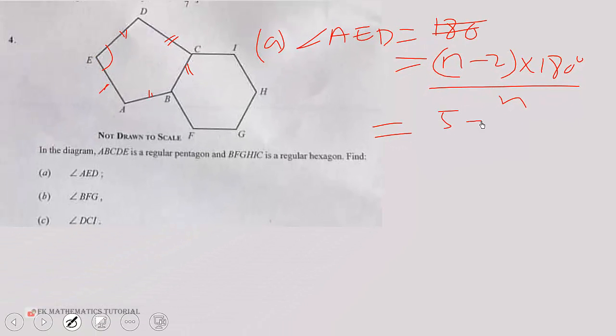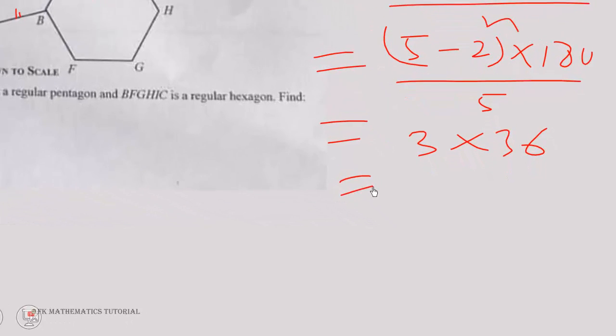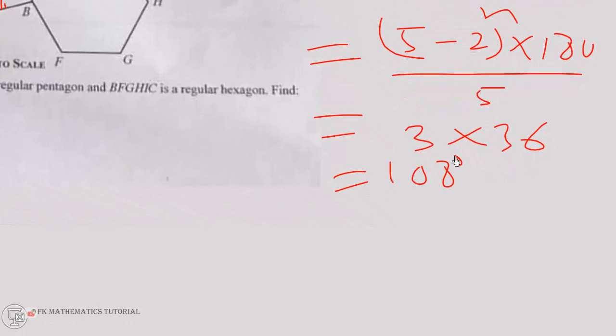So (5 minus 2) times 180 over 5. 180 divided by 5 is 36. So we get 3 times 36, which will give you 108 degrees. So angle AED is 108 degrees.